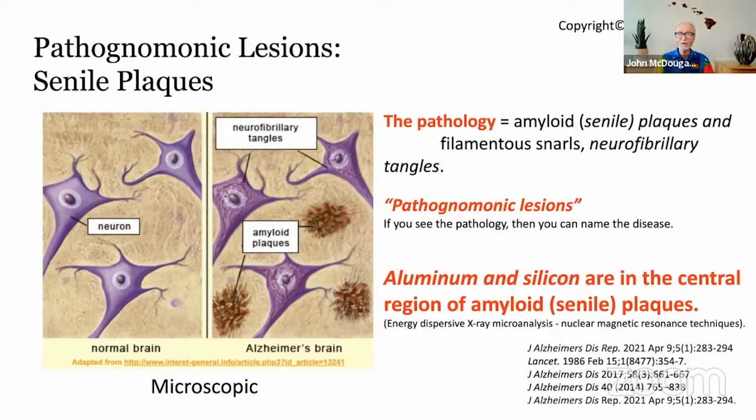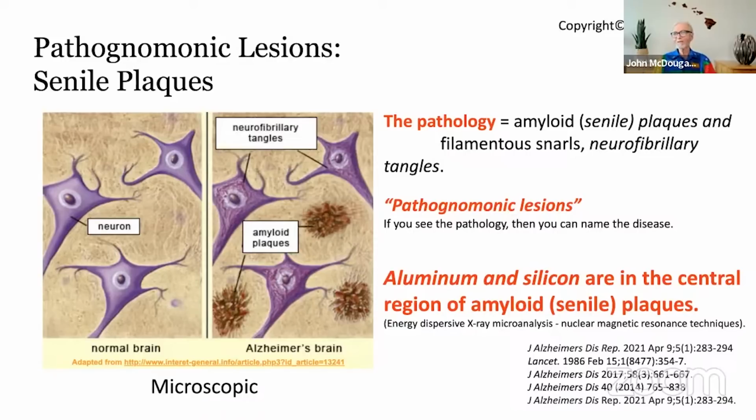So you bring out some more technology. In this case, you bring out nuclear magnetic resonance techniques. Big, sophisticated, sexy term, right? And you start peering into the amyloid plaques and into the neurofibrillary tangles. And what you find, lo and behold, is the central core of the amyloid plaque is made up of aluminum silicate.